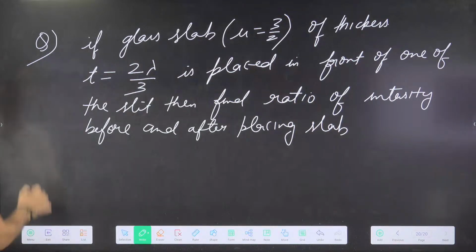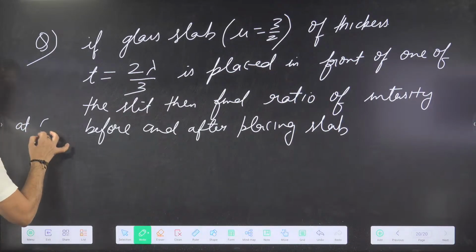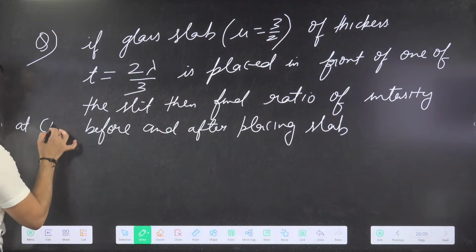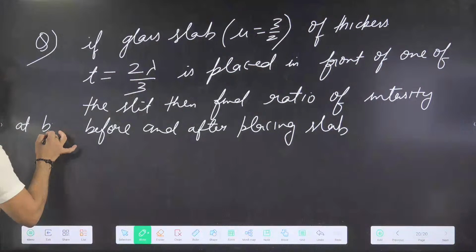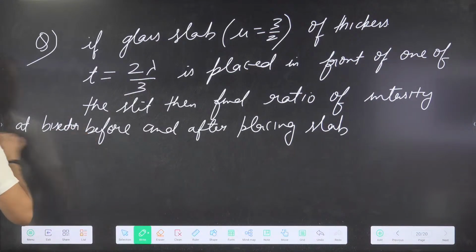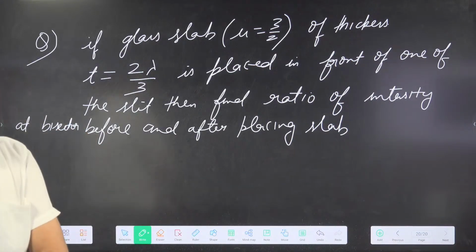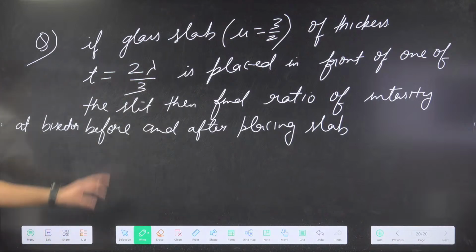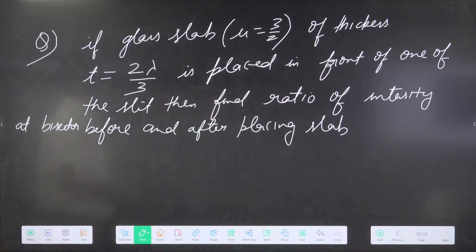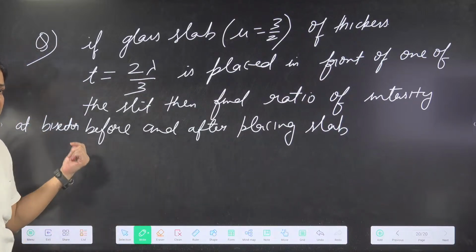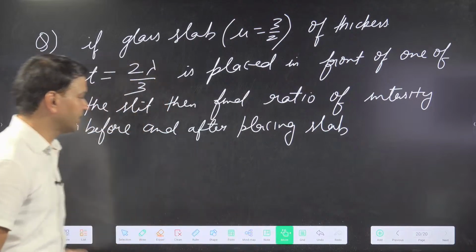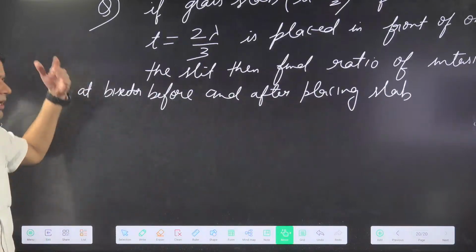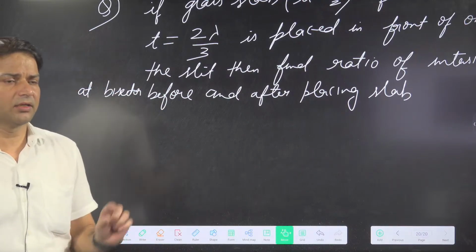Suppose I am asking the ratio of intensity at the bisector. So a glass slab of mu equal to 3 by 2 and thickness 2 lambda by 3 is placed in front of one of the slits, upper or lower, it doesn't matter.